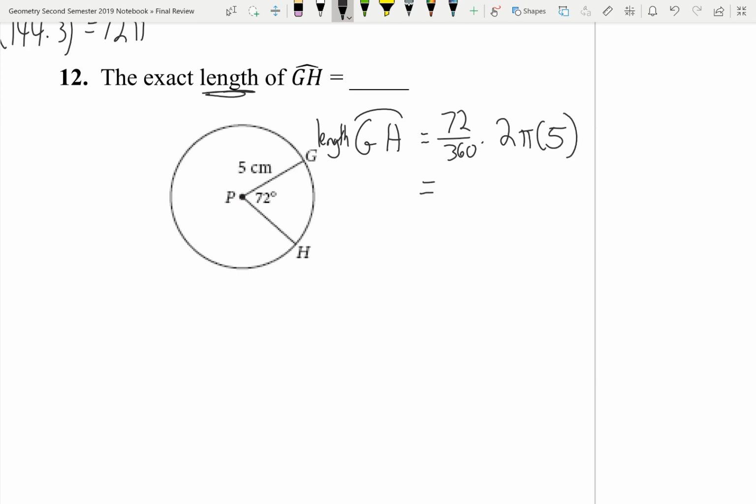So 72 divided by 360 times 10 pi. And when you multiply that out, you will get 2 pi.